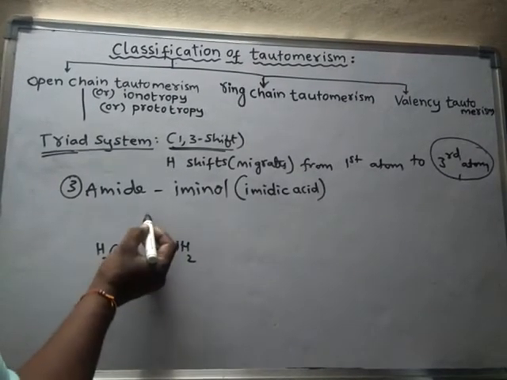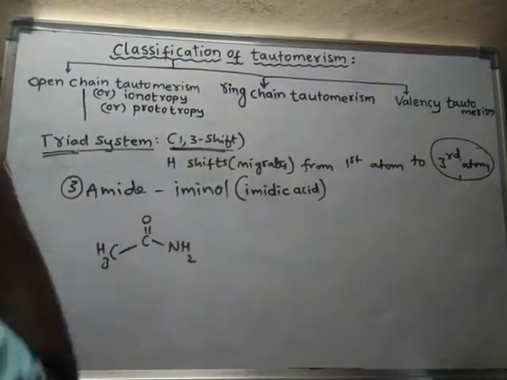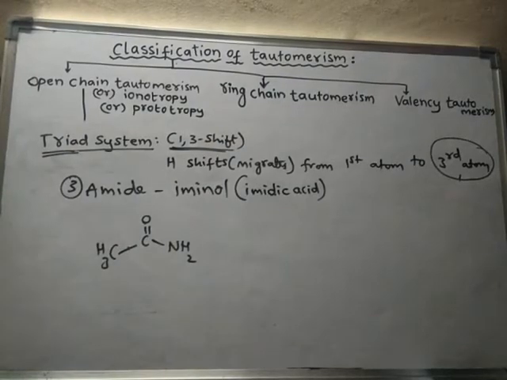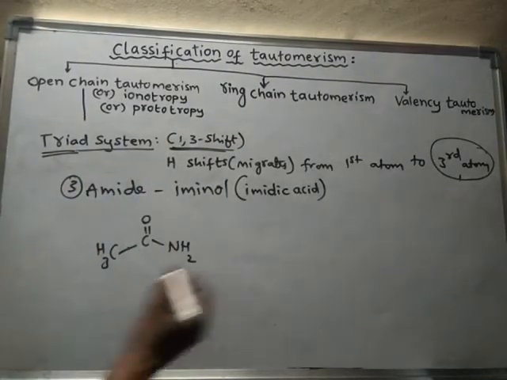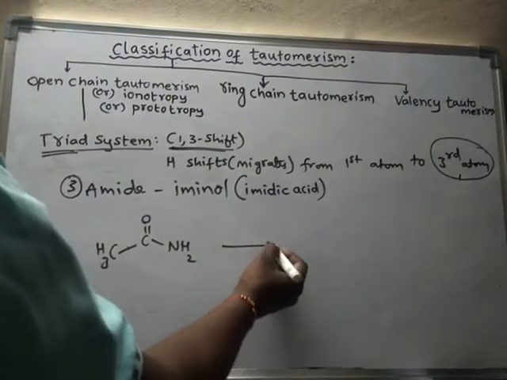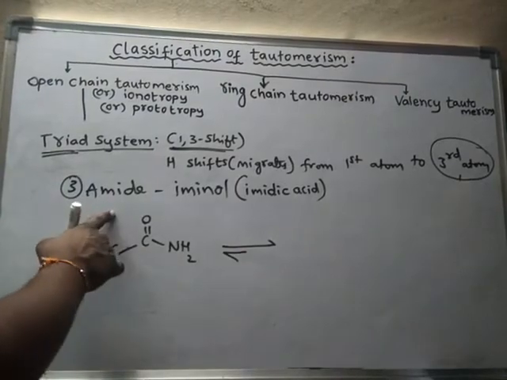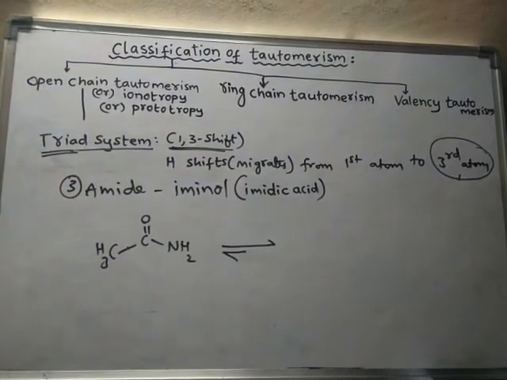So this hydrogen will shift from the first atom to the third atom. Hence it is said to be a 1,3 shift or 1,3 migration, and the system is said to be a triad system. As a result, amide is converted into imidol.